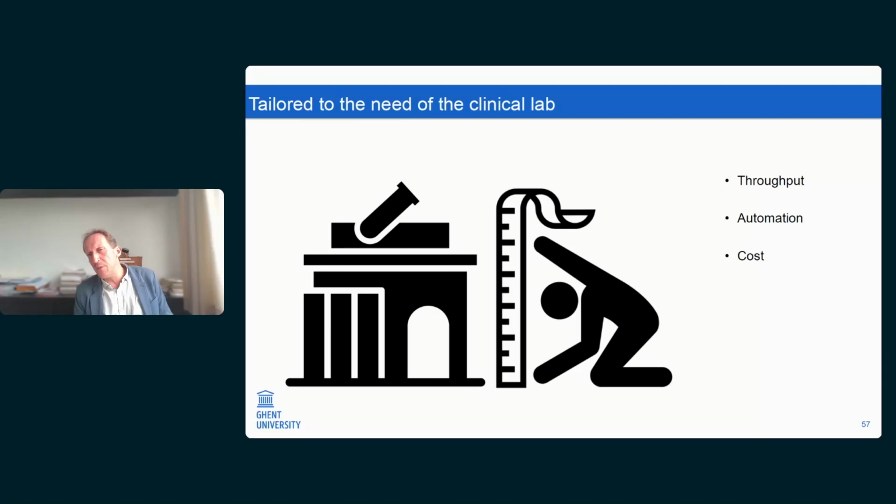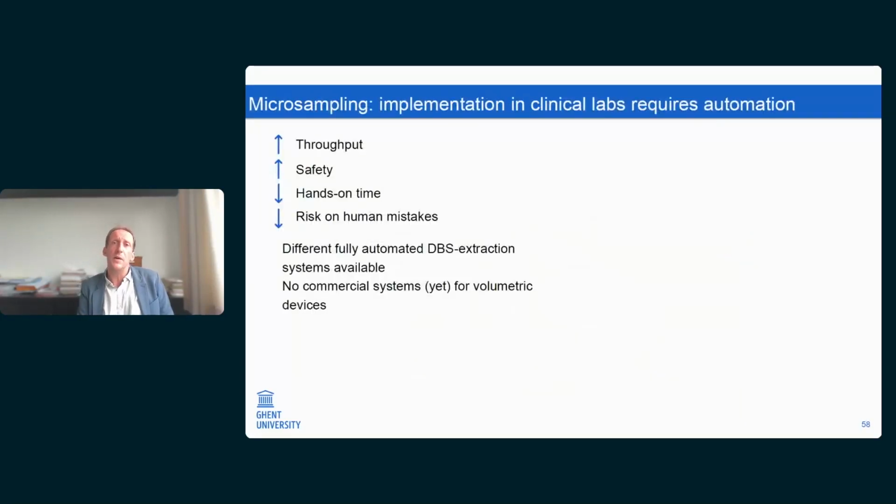So these two things are important aspects that one needs to think of. In terms of automation, I genuinely believe that to have a real implementation in clinical labs, automation is where we need to go, because it increases the throughput, it increases the safety, reduces the hands-on time, and also reduces the risk of human mistakes.